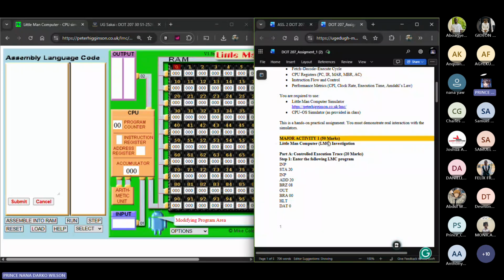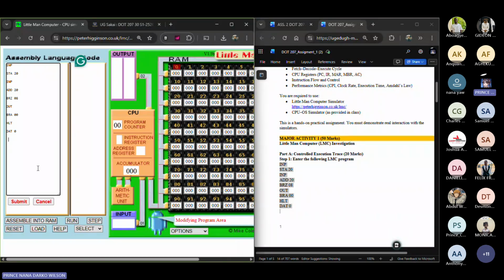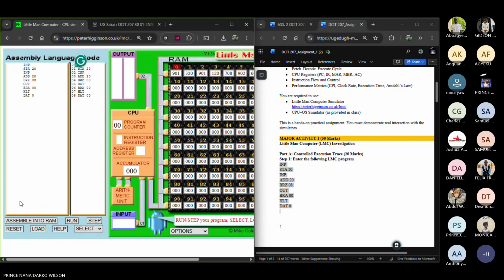The first major activity is to perform a controlled execution and then trace the program. We are to copy this program and enter it into our Little Man Computer. We did exactly that in our last session. We copied this and pasted it into our Little Man Computer, and we submitted. Upon submission, the code was accepted.